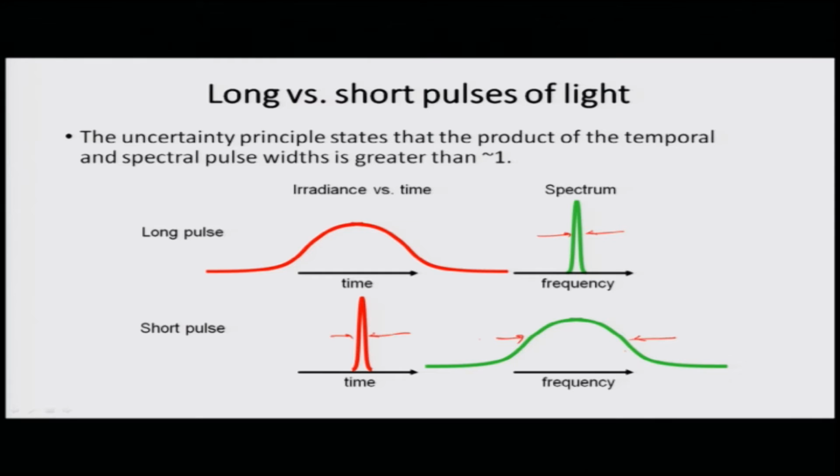So, by using the Fourier relation between the two, which is also the same as the uncertainty principle, which states that the two are transforms of each other in time versus frequency, whatever is long in one domain is short in the other domain.